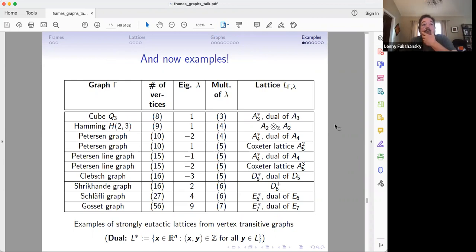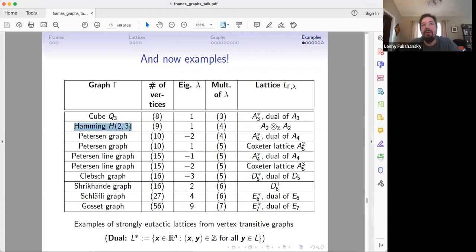So for one thing, extremal lattices are irreducible, meaning that... and also extremal lattices, no, extremal lattices can be tensor products, but they're irreducible. So my guess is that you don't want to look at product graphs or graphs that can be decomposed as products.